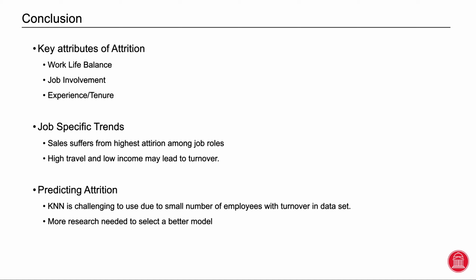And also higher travel and low income may lead to turnover as well. In terms of predicting attrition, we found that KNN probably is not the best fit, or maybe there are other attributes that we don't have access to that could be put into a KNN model, but we believe more analysis or more testing could be done to find the best solution for a predictive model.